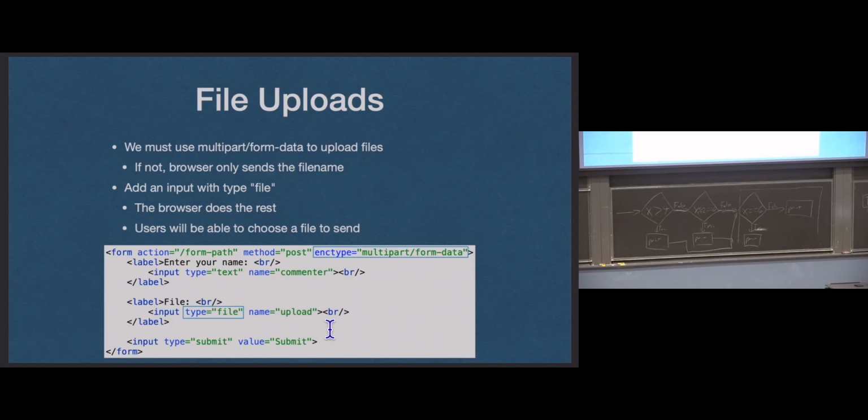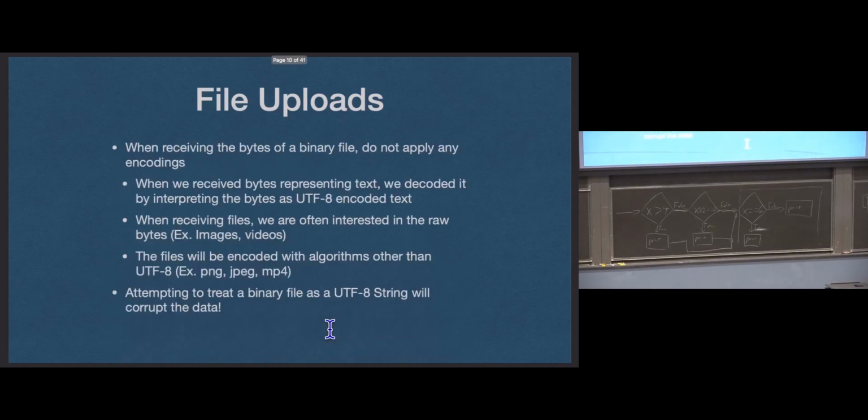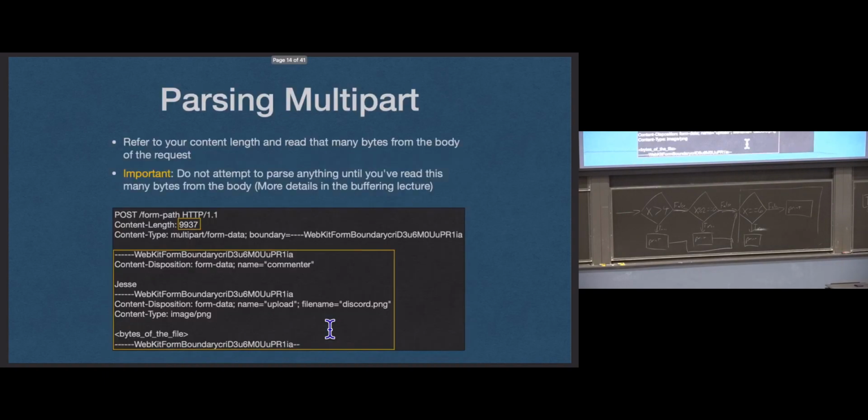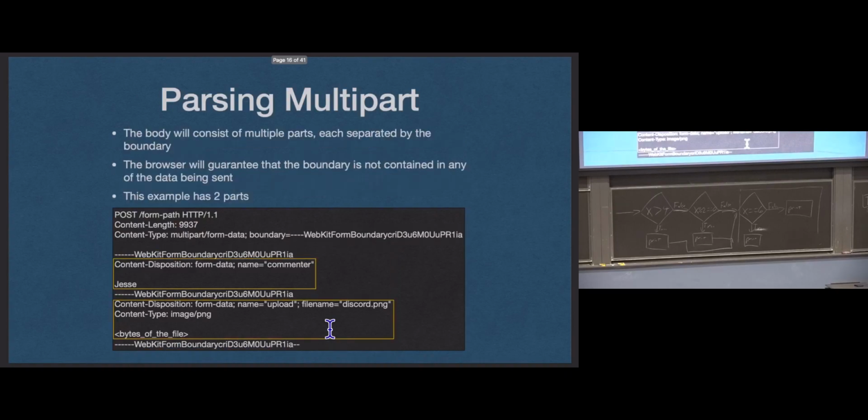But this is the form that generated the input that we're looking at in our example request here. So I have 2 parts, and each part is going to contain the name of the input. Commenter is going to be the name of that input, and then whatever I typed in when I created this example, my name here, and then name upload for the other input, and the actual bytes of that file that's uploaded.